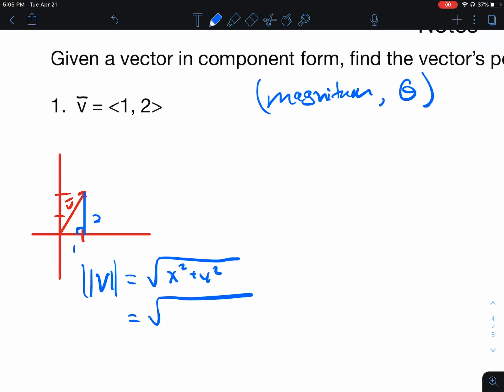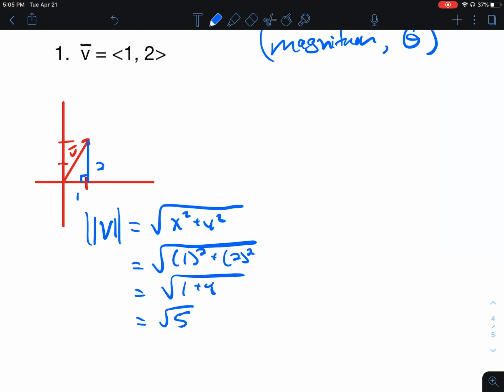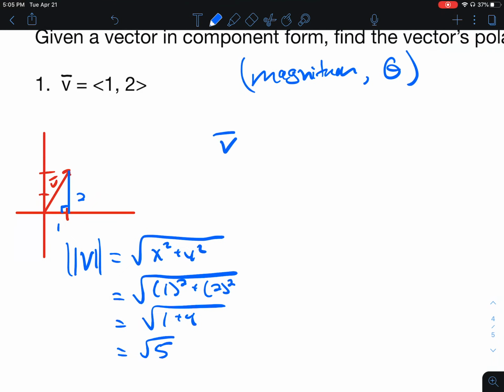The x component is 1. The y component is 2. So that's going to be 1 plus 4. It's going to be the square root of 5. So the magnitude of this vector is square root of 5.